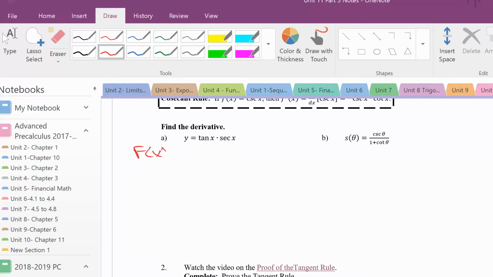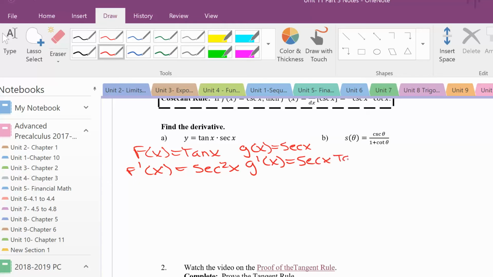We can say f of x is equal to tangent x, and that means the derivative of the tangent is the secant squared. And then g of x is equal to the secant of x, and g prime of x would be secant x tangent x. So y prime is equal to, remember that product rule is f of x times g prime of x, plus g times f prime.